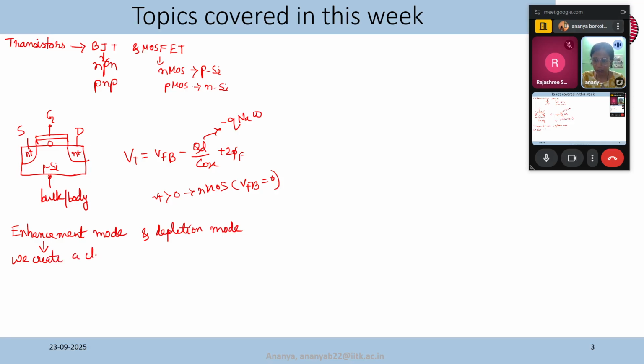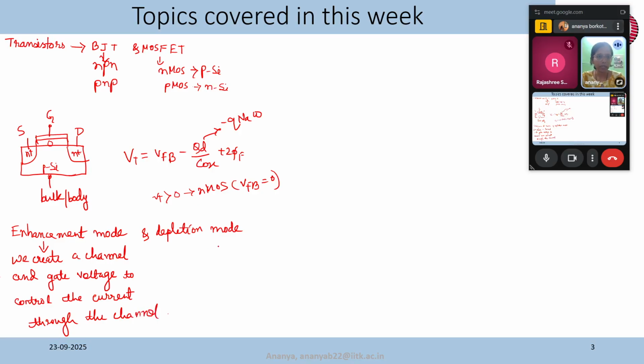We create a channel, which is basically the inversion layer, and use gate voltage to control the current through the channel.